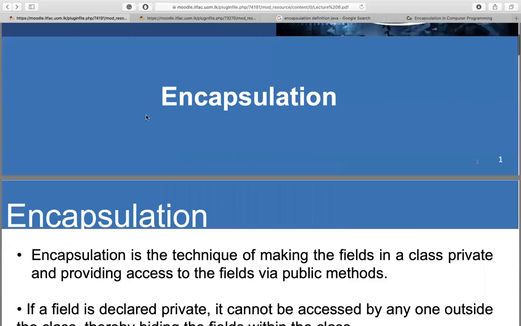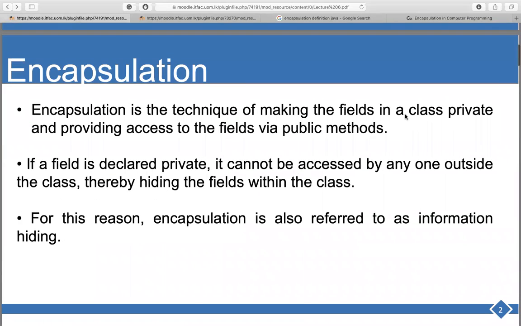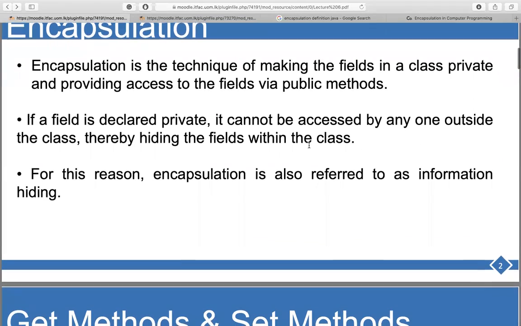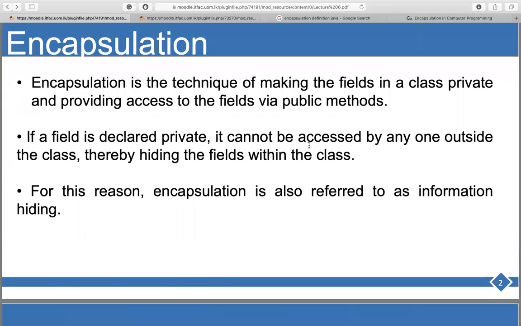It's available in the lecture slide also. Encapsulation is a technique of making the fields in a class private and providing access to the fields via public methods. That means encapsulation is a mechanism that makes the variable private and accesses the private variable via public methods. It is a mechanism of wrapping the data variables and the code acting on the data into a single unit.